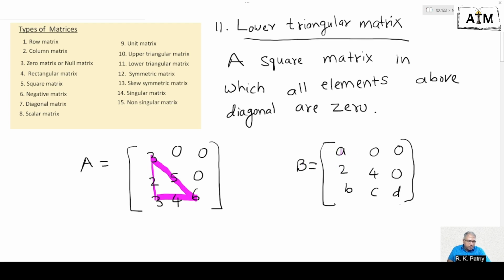In the second example, this is a diagonal, and above the diagonal all the elements are 0. Therefore a square matrix in which all elements above the diagonal are 0 is nothing but called a lower triangular matrix.